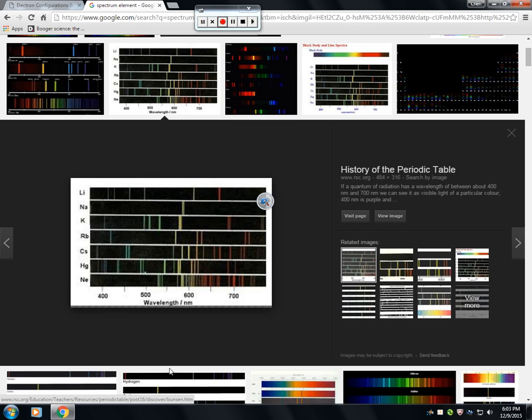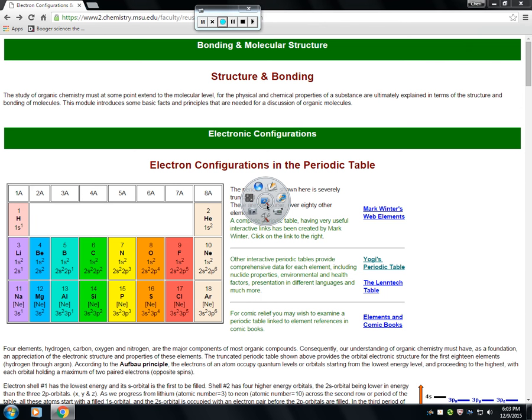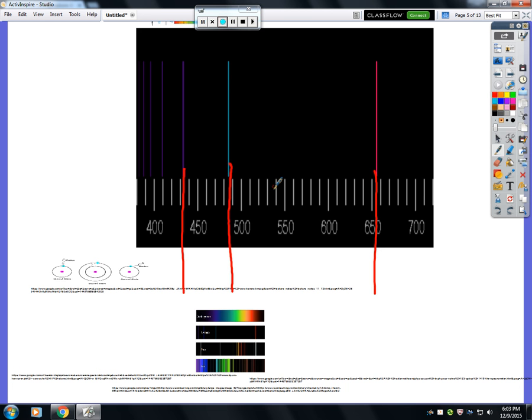Let's look at this one maybe. Oh, there you go, okay. So again, not the best colors, but you can see that lithium has a completely different pattern than sodium, which has a different pattern than potassium. So you can identify these using their fingerprints, all right? And those fingerprints are the colors that you see.